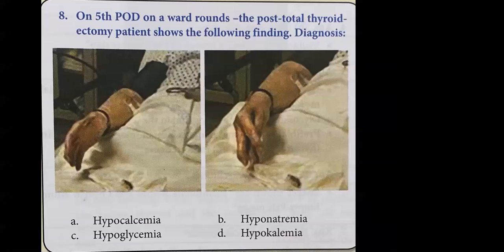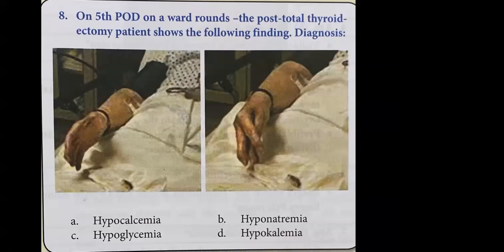Yes, Trousseau sign. So it is seen in hypocalcemia. Very good. Hypocalcemia. This is also called carpopedal spasm or Trousseau sign. Yes, tetany, but to be precise, it should be carpopedal spasm.